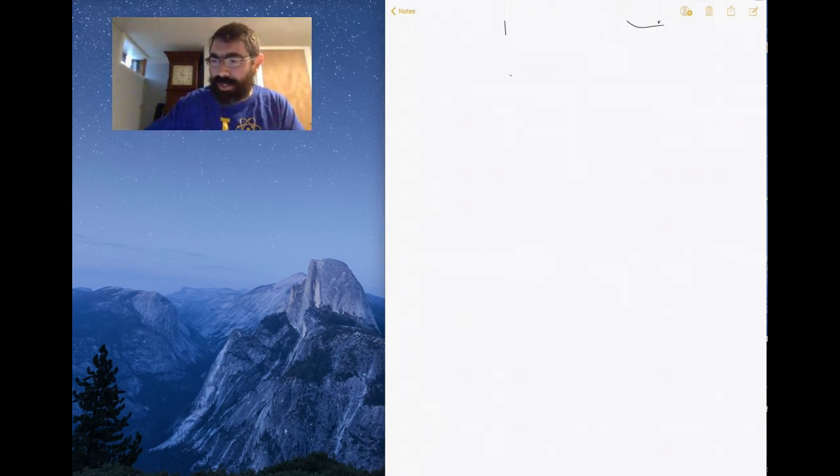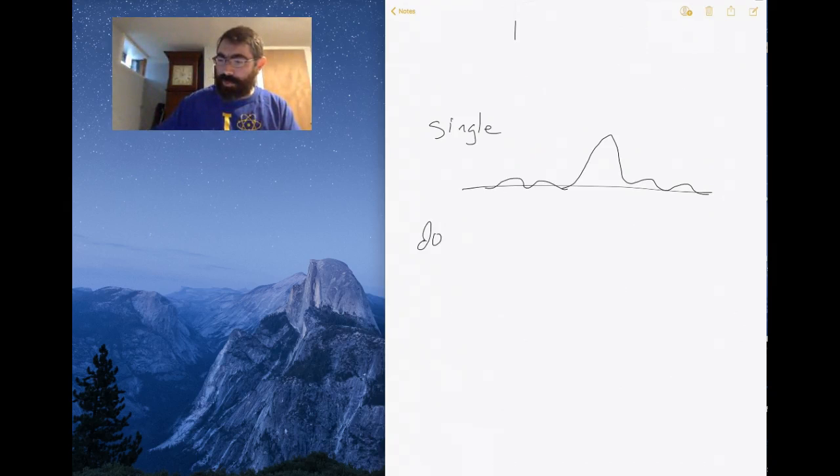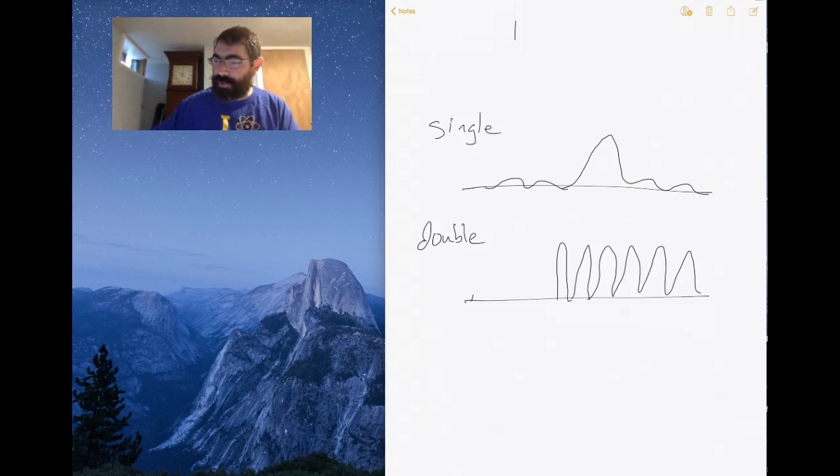So I can think of my slits now as each of the slits having a width A, and the distance between those two slits is D. And so what I get in the end is a pattern which looks like single slit diffraction, a central maximum and smaller peaks. And then I have double slit diffraction, which is very narrow equal intensity peaks like this.